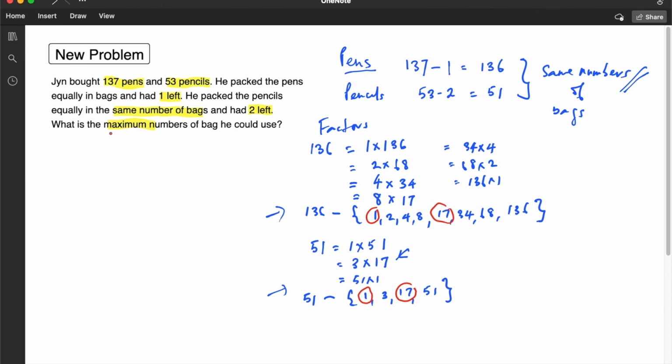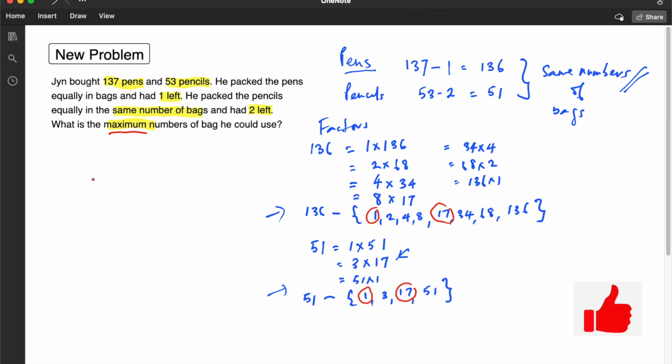That is why the question always mentions this maximum number, because actually we can only use one bag and put the whole 136 pens and 51 pencils in it, and it will still satisfy the requirements in the question. But we want the maximum number, so we have to use 17 instead.